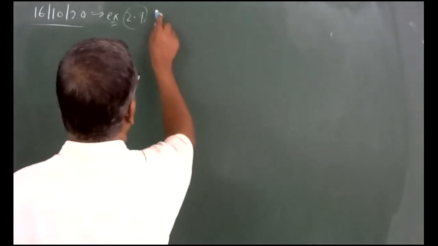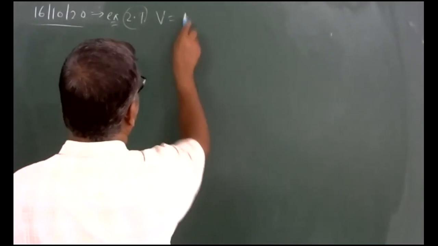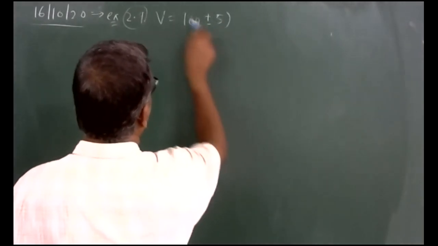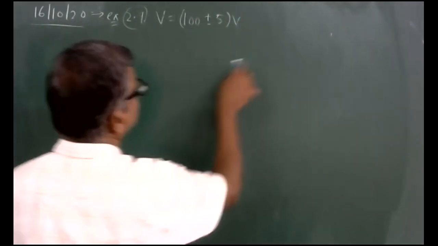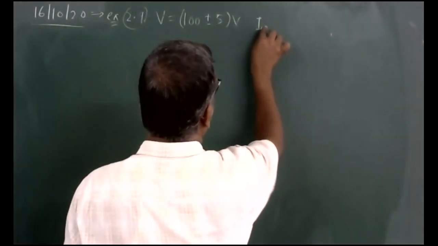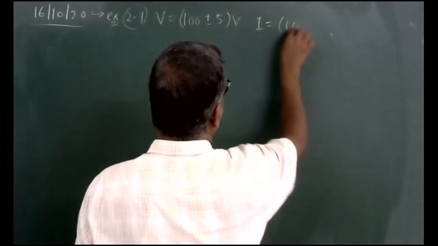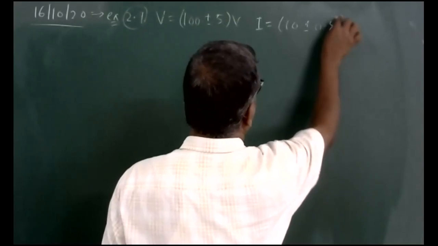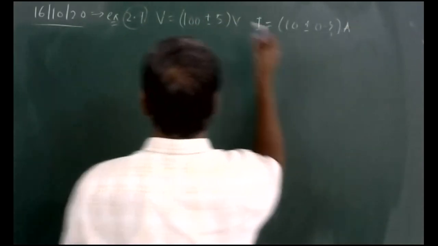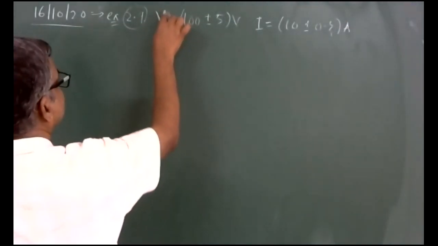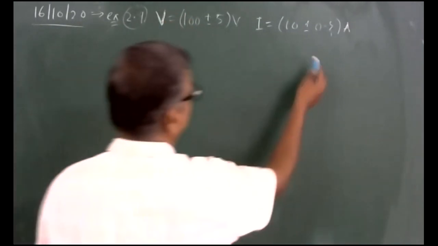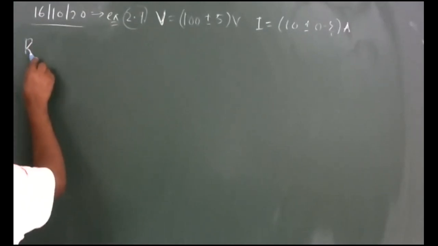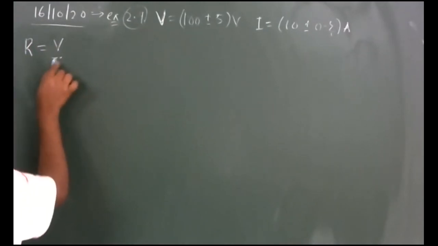Let me start. So V is equivalent to 100 plus or minus 5 volt, and similarly my current I is equivalent to 10 plus or minus 0.2 ampere. I need to calculate resistance first. Resistance R is equal to voltage by current.